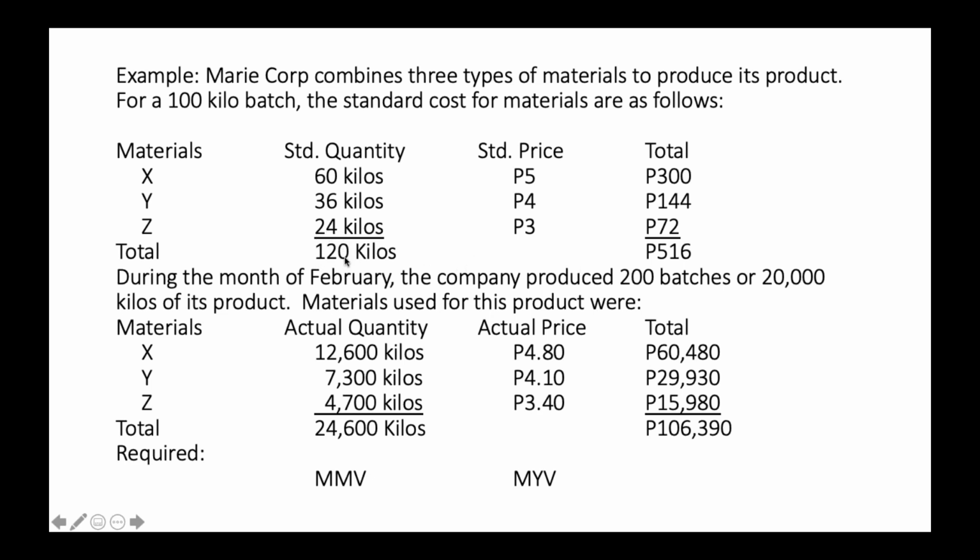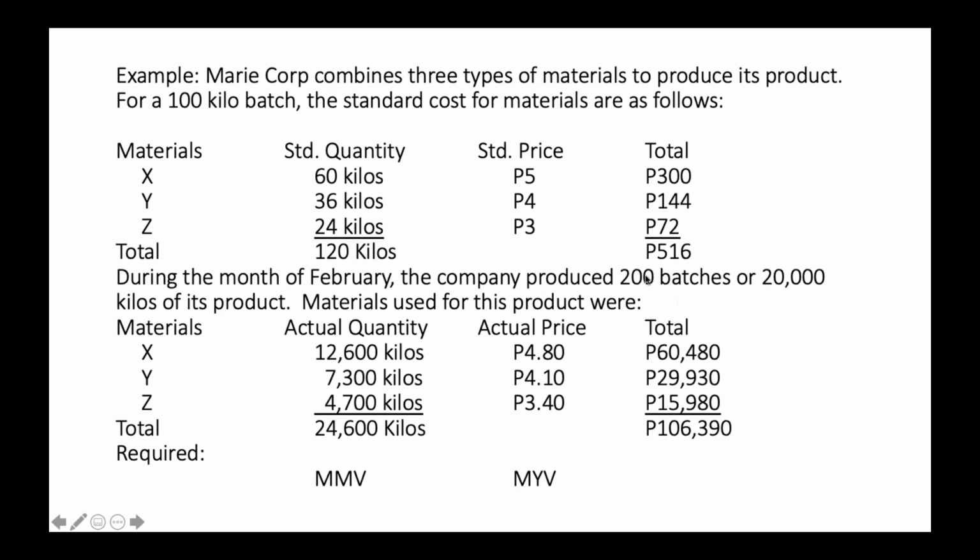Again, this is our standard quantity for our standard output of 100 kilo batch. So if we were able to produce 200 batches, that's 120 times 200, we should have used 24,000 kilos for 200 batches. Okay, so that's where we get the 24,000.